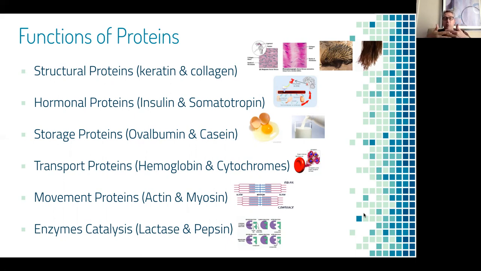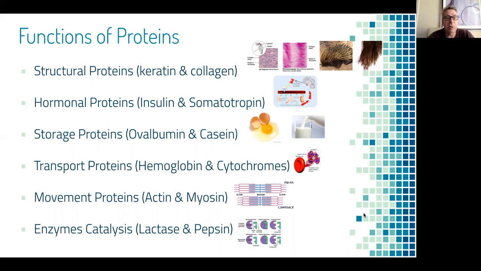We have 2 types of proteins that slide back and forth. They contract when you flex your muscles, and they relax when you relax your muscles. Those are 2 different types of proteins in your muscles. And the ones we talked about last unit, when we talked about DNA helicase and DNA polymerase, are enzymes. They help break down or build things.